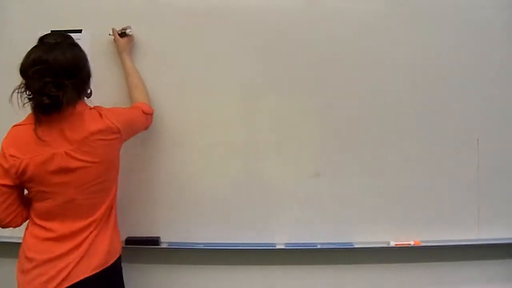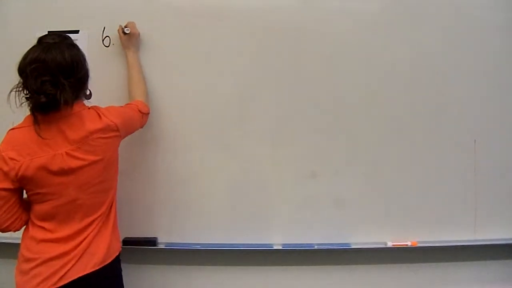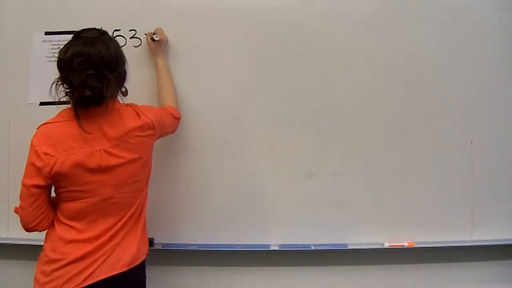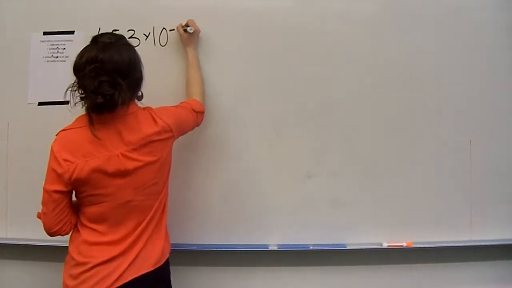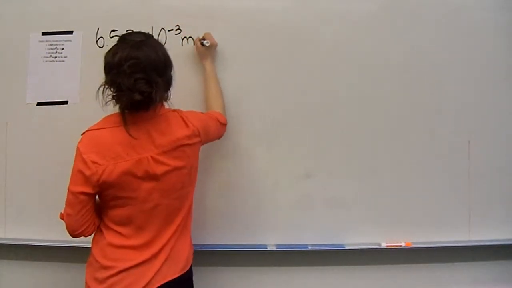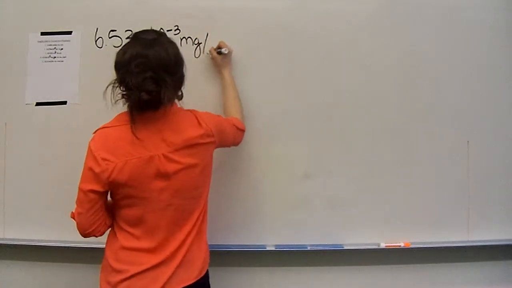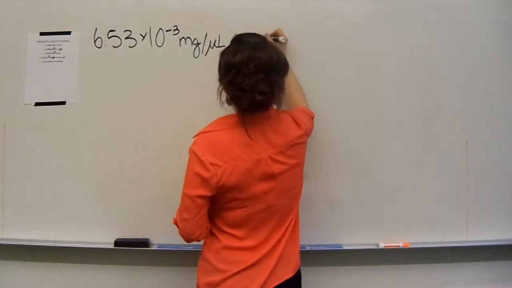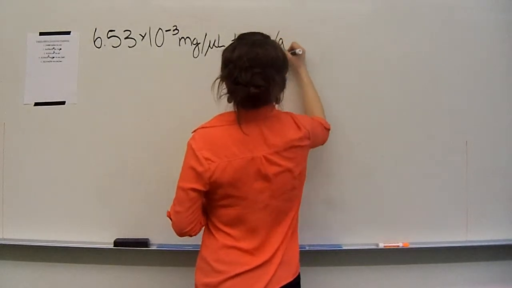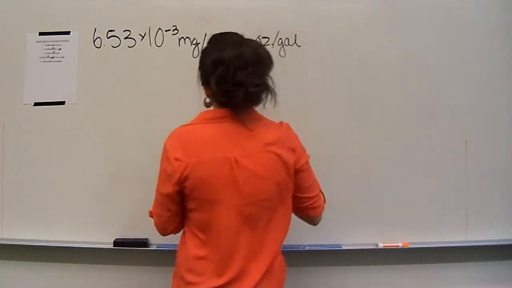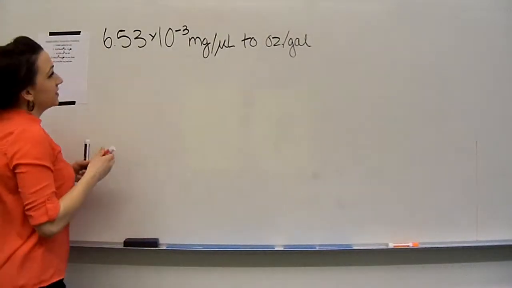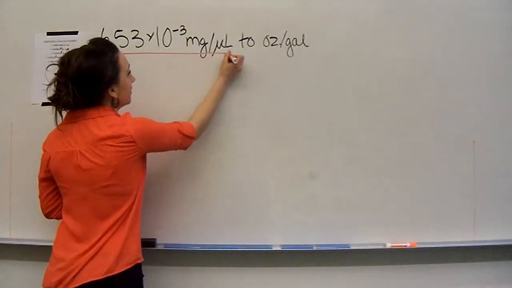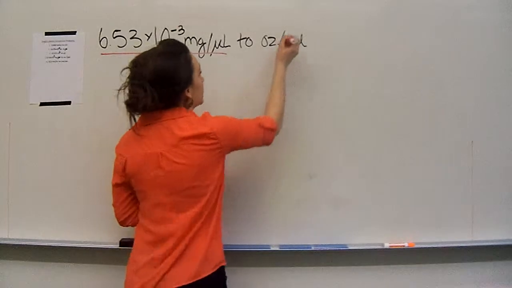So again, we have 6.53 times 10 to the negative third milligrams per microliter, converting that to ounces per gallon. This is our given, and this is the units asked for.